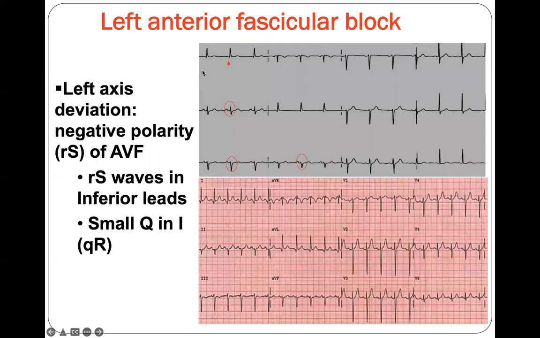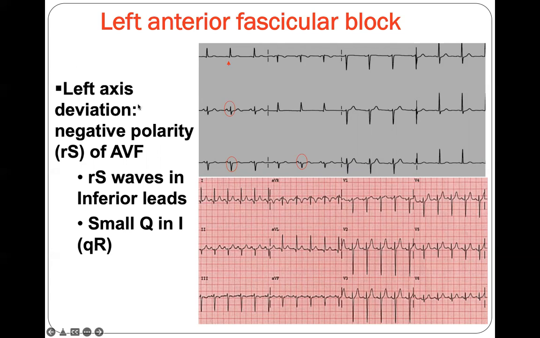Then we come to the left anterior fascicular block, and this is very easy. Left anterior fascicular block is characterized by the presence of deep S in inferior leads, leads 2, 3, and AVF. As you look here, there is a deep S in leads 2, 3, and AVF, and this is called left anterior fascicular block.